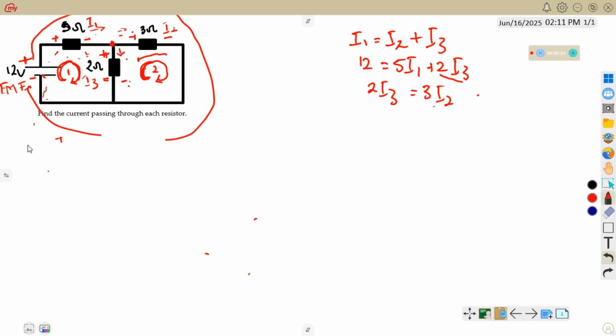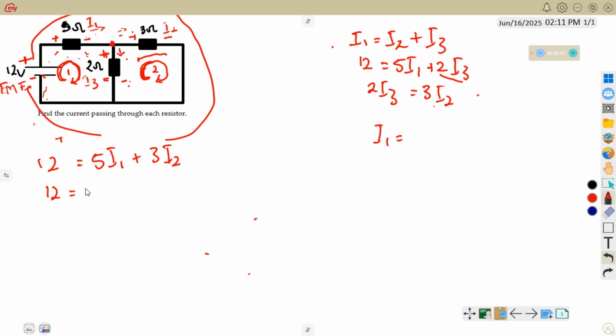So let's rewrite this. So we can say 12 is equal to 5I1 plus 3I2, right, plus 2I3. Now from this equation 1, we have I1 is equal to I2 plus I3, right? So let's put it here.